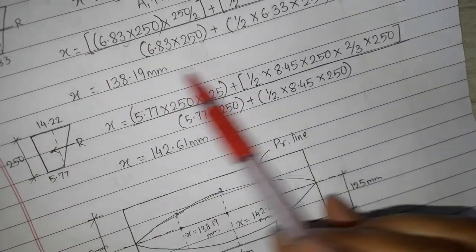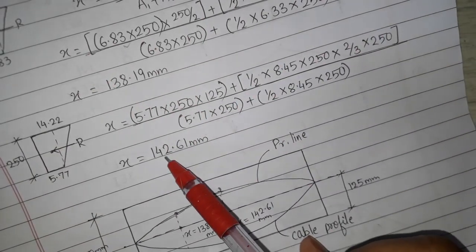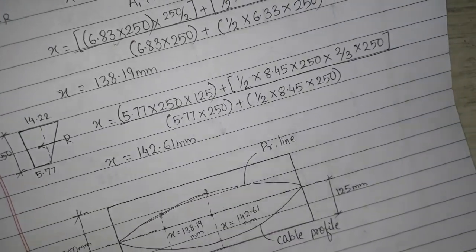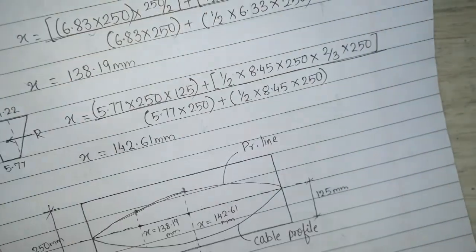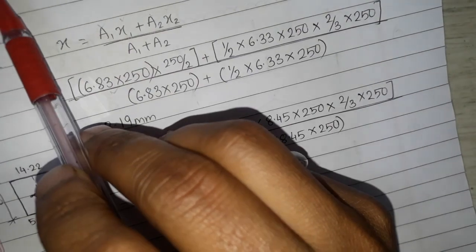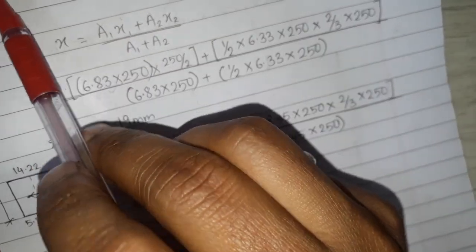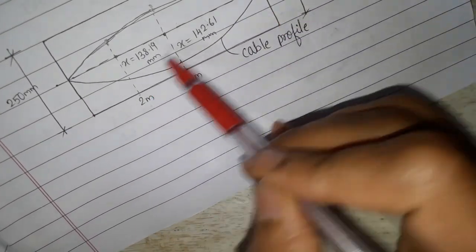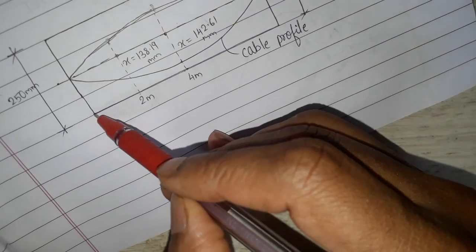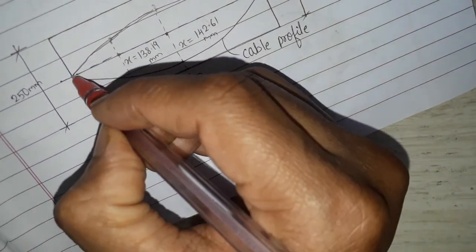You use this formula and calculate. By using this, see, this is the location of the pressure line from the bottom of the beam. First, for support we got 125.